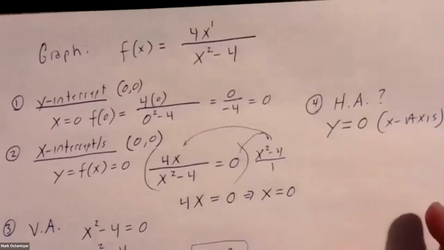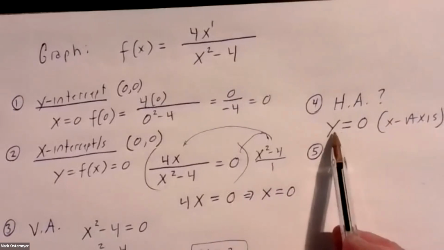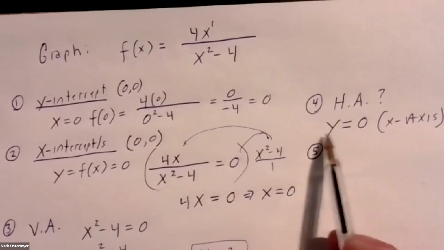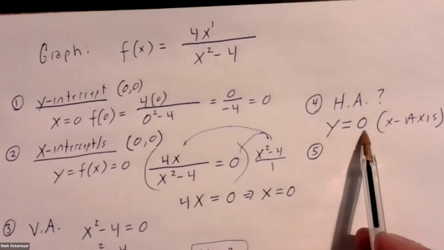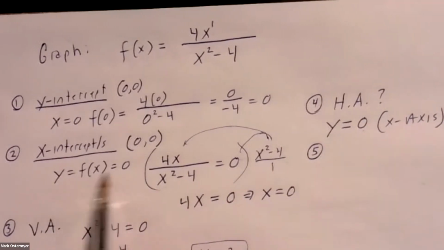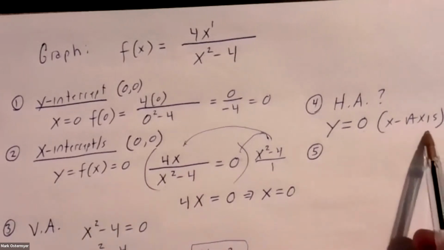X-axis. All right, step number 5, we really should try to see if our graph will cross or touch the horizontal asymptote. To do that, we would literally set what? Y equal to 0. Wait a minute. Didn't we already do that? We did back here when we were trying to find x-intercepts. Makes sense because the horizontal asymptote is the x-axis.